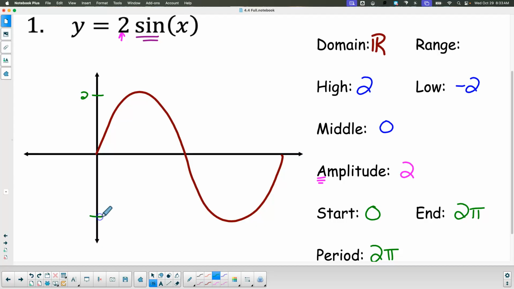It went down to -2. Middle was 0. 0 start, 2 pi end.